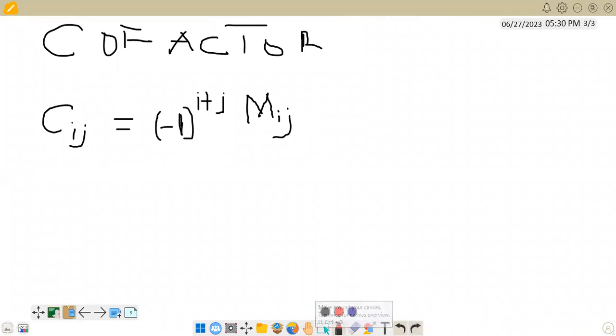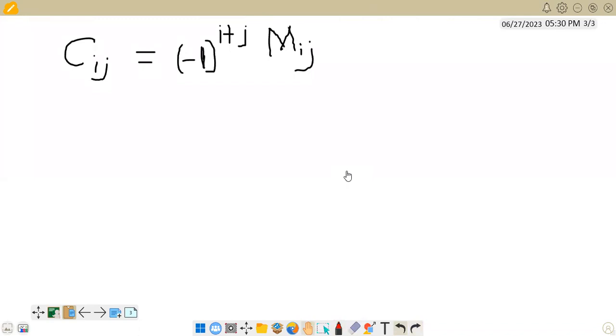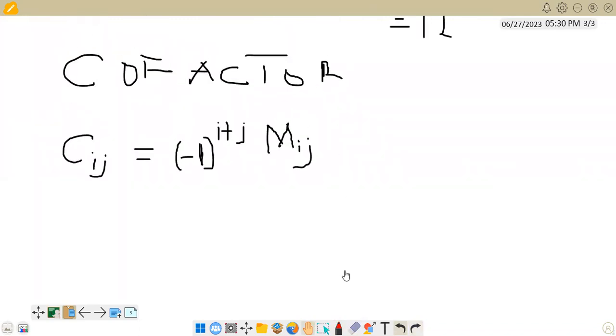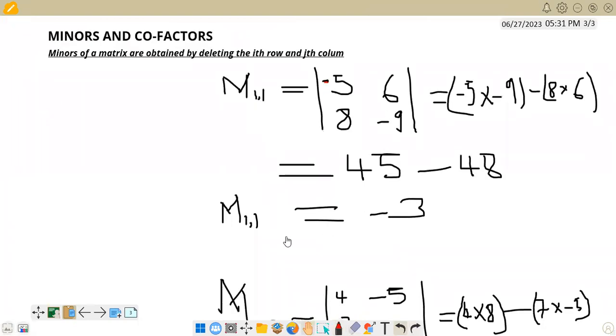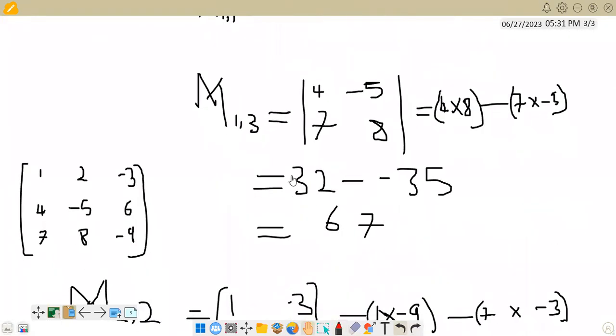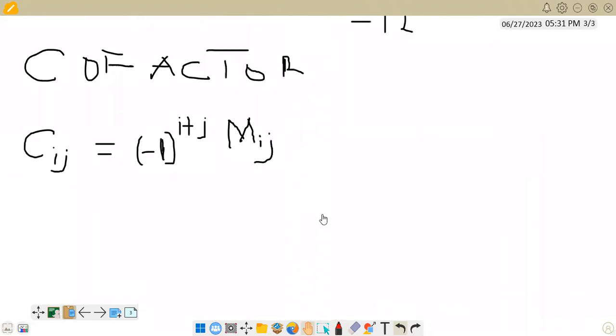So osataya nthawi, then tiyesere kupeza minor wa 1 1, cofactor wa 1 1.